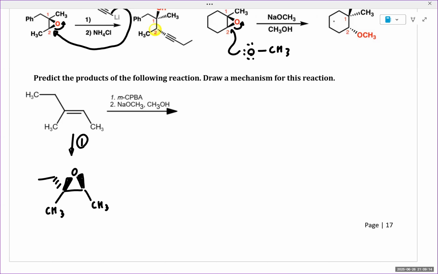Again, epoxidation occurs in a concerted manner, and in this case, we have an E-alkene. Here's the epoxide that we generate, and I'd like you to tell me what happens when we treat this with sodium methoxide in methanol. So take a few moments, pause the video, and then we'll discuss.